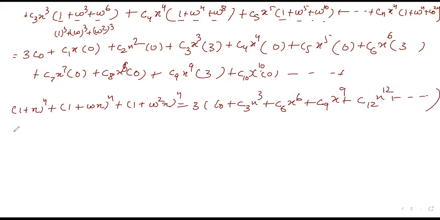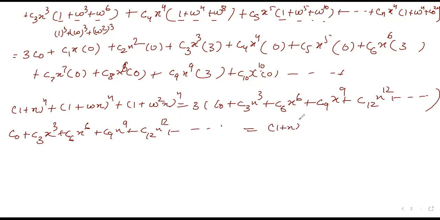Got it? So the value of c0 plus c3 x raised to the power 3 plus c6 x raised to the power 6 plus c9 x raised to the power 9 plus c12 x raised to the power 12 and so on, that will be 1 plus x raised to the power n, 1 plus omega x raised to the power n, 1 plus omega square x raised to the power n, upon 3.